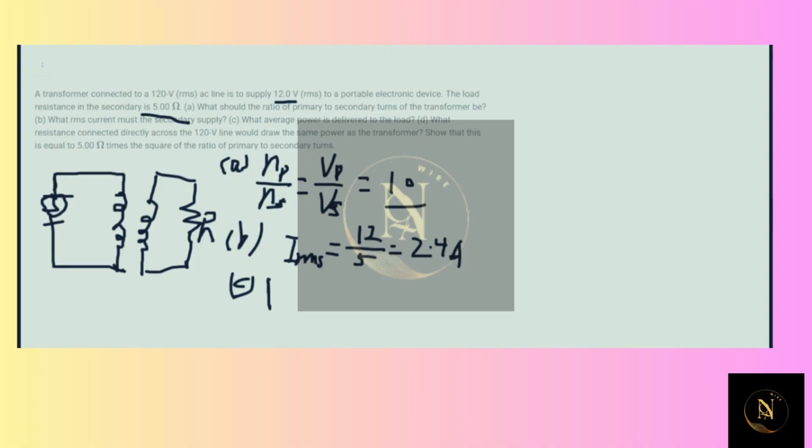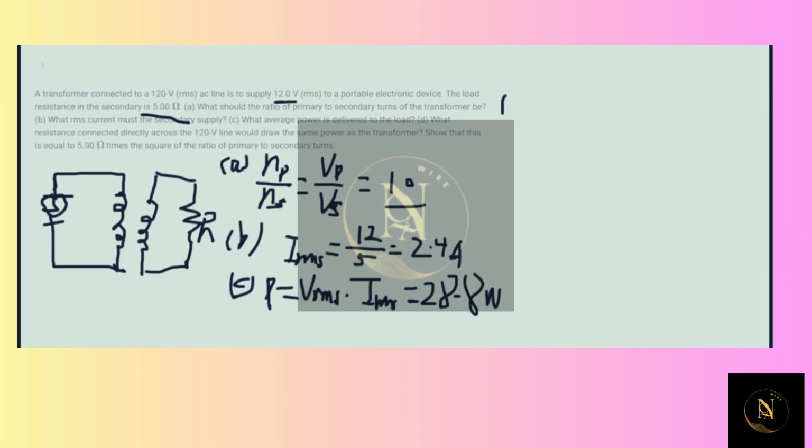So the P average simply equal to V RMS times I RMS, and this V is this 12 volts. Okay. So just use 12 times this 2.4. So let me see what the result is. 12 times 2.4, that is 28.8 watts. Okay.